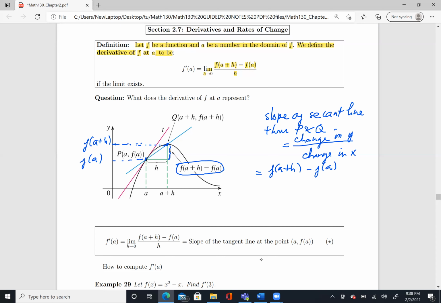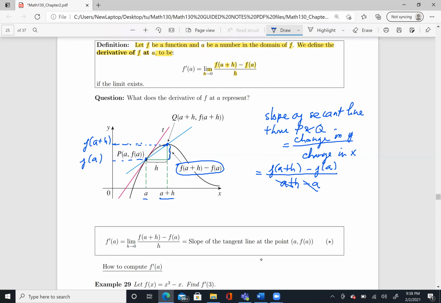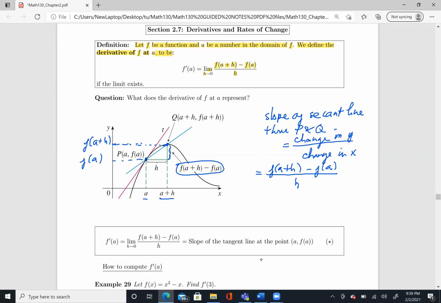Now, in order to find the change in x, you just take a plus h minus a. You can cancel a and minus a, and that's going to give you only h.